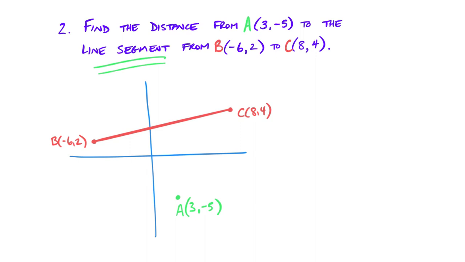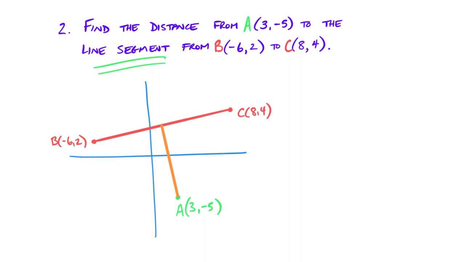Now, for us to deal with the distance from that point to that line segment, we should be good again to examine that what we are looking for is the perpendicular distance. So you would be coming up with what is the length from A, and then again, I don't have another label on there.